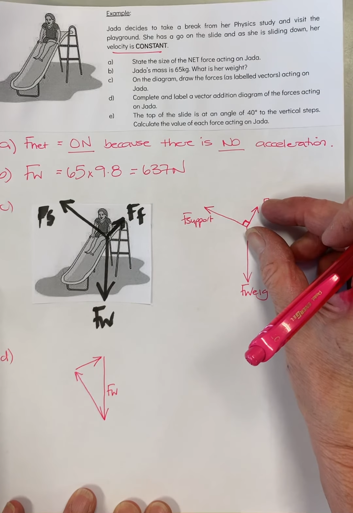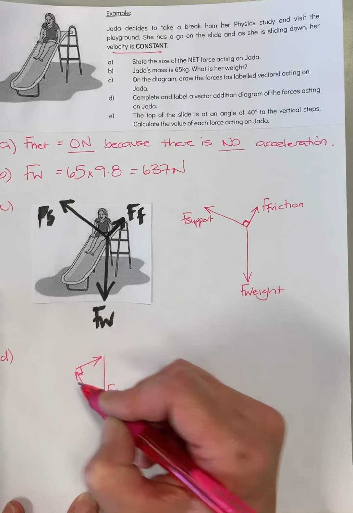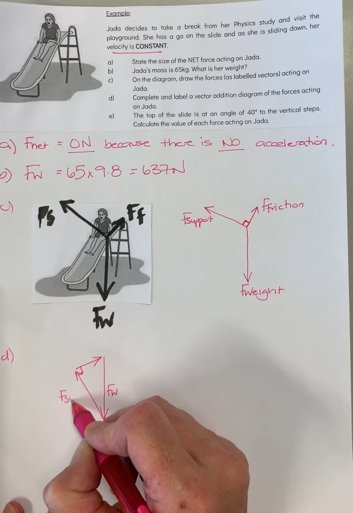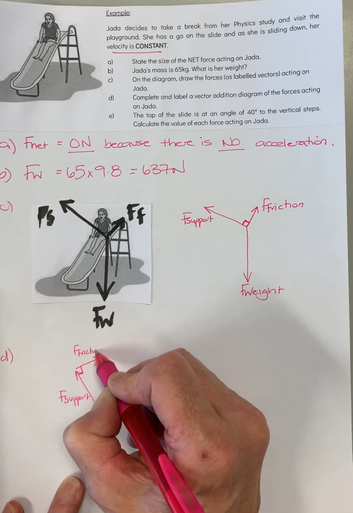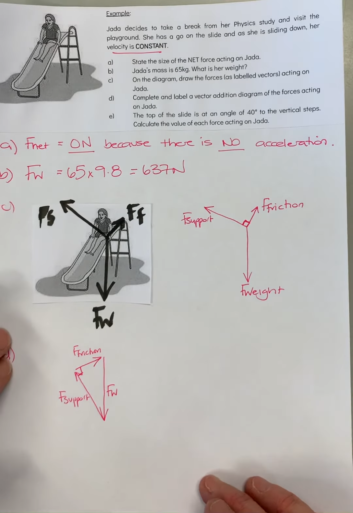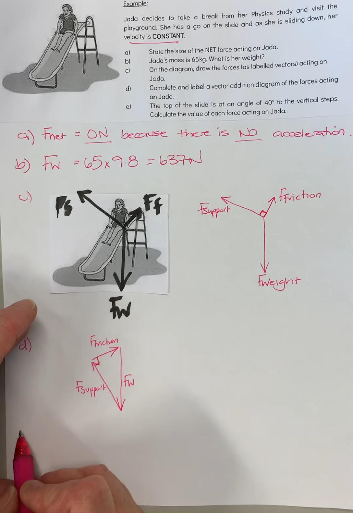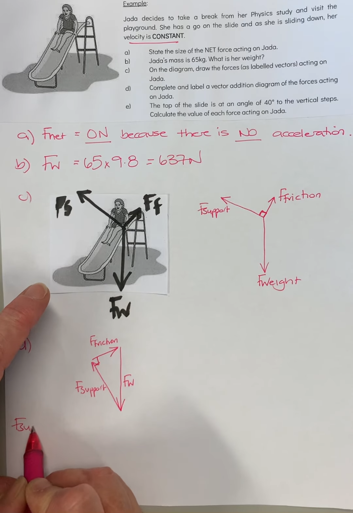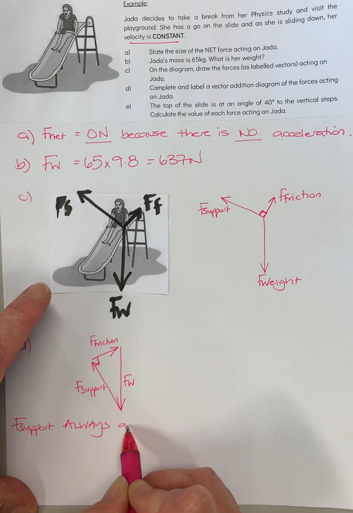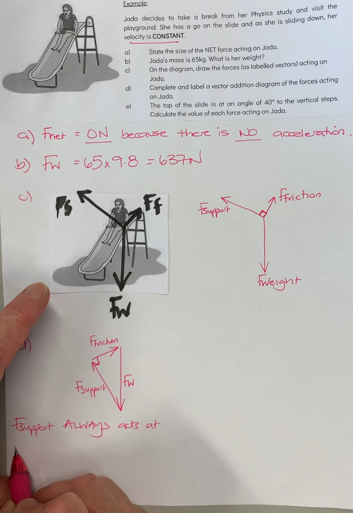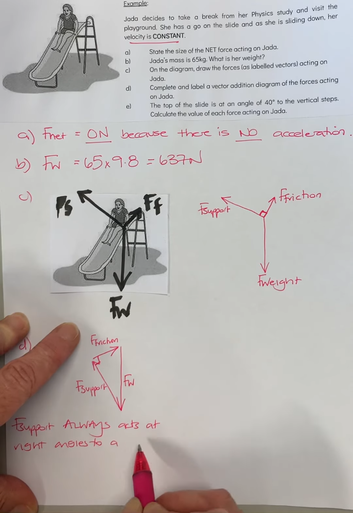So it's just like me picking up my vector here and adding it on the end, and there is your right angle. So we've got F support here and F friction here. And I'm just going to write a note into the corner of the page which says support force always acts at right angles to a surface.